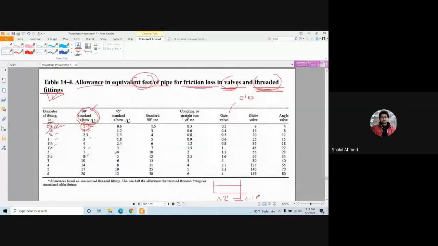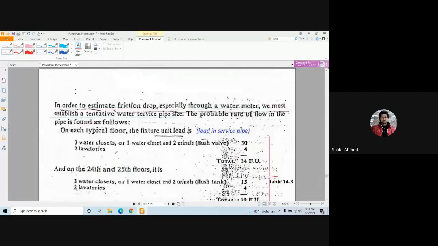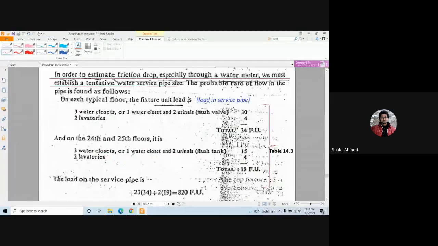Except 24th and 25th floor, all other floors have 3 water closets. One water closet needs 10 fixture units. So 3 water closets need 3 into 10, 30 fixture units.